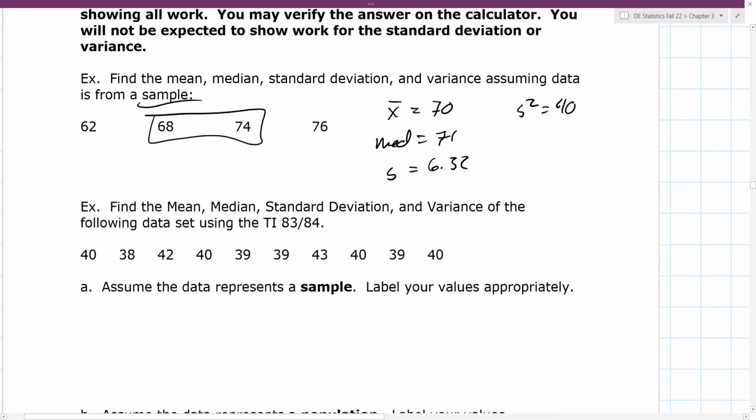All right. Now with this bigger data set, we are going to use our calculator to find this. So get your calculator out. It should look something like this. And we are going to go into our stat menu. Then we're going to go into number 1, which is edit.